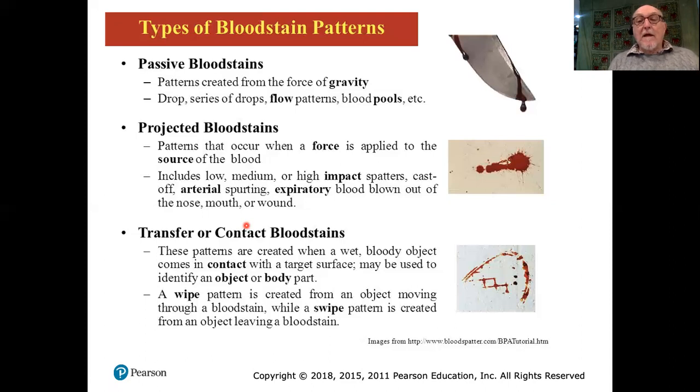So the other kind of transfer print is where inadvertently people brush against a surface with a source of blood, either a hand or maybe clothing that is covered full of blood, and leave a smear on a surface. And that is called a wipe pattern.